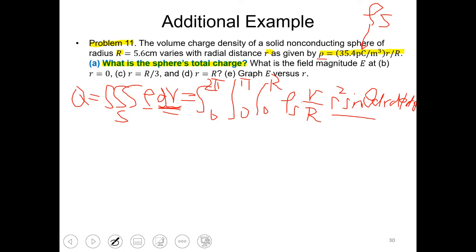So actually, this integration is not difficult to calculate.